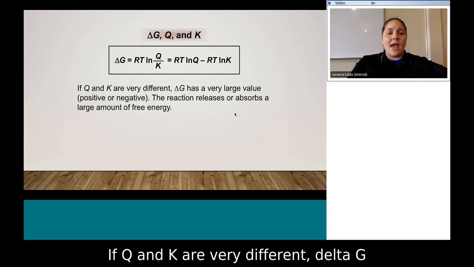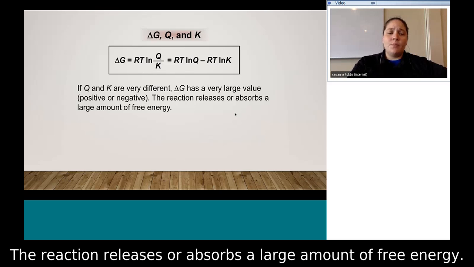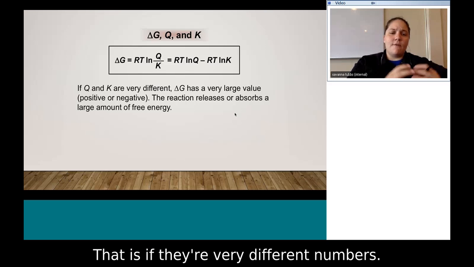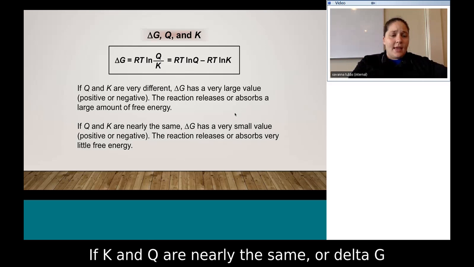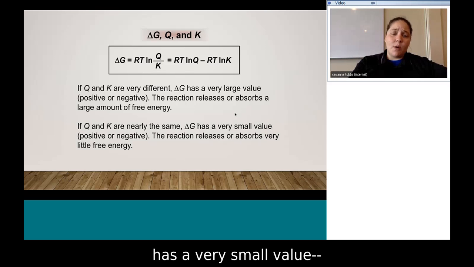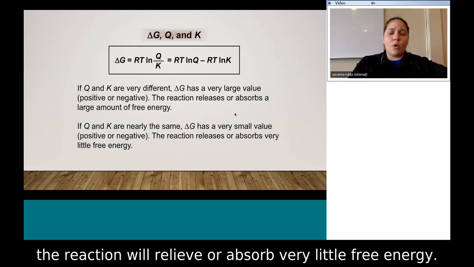If Q and K are very different, delta G has a very large value, positive or negative. The reaction releases or absorbs a large amount of free energy, that is, if they're very different numbers. If K and Q are nearly the same, our delta G has a very small value, whether positive or negative, and the reaction will release or absorb very little free energy.